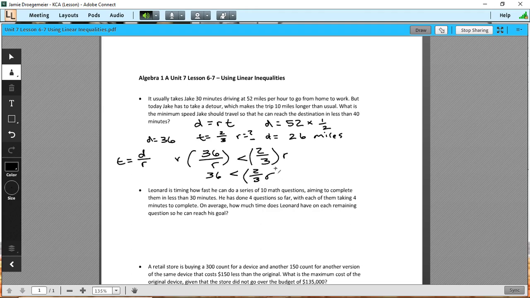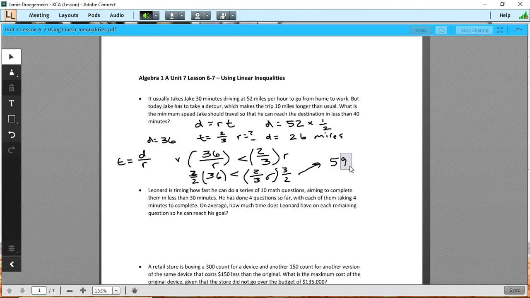Dividing by 2/3 is the same as multiplying by 3/2. Dividing by a fraction is the same as multiplying by its reciprocal. So we're multiplying each side by 3/2. And so 3/2 times 36 is going to be 59. Excuse me, I had a problem there.